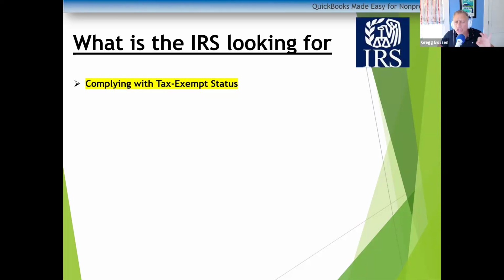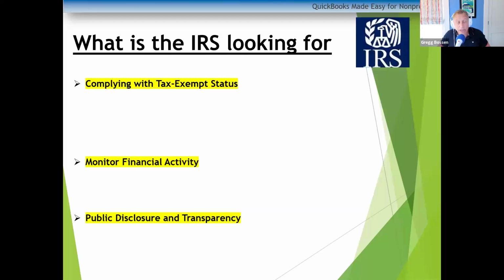They want to make sure that you're actually still doing that. So that's one thing that they get by you filling out the information return. They also want to monitor the financial activity, make sure you're not doing anything funky. And then finally, they want the form available to the public. So those are the three reasons why the IRS wants you to fill out the 990.